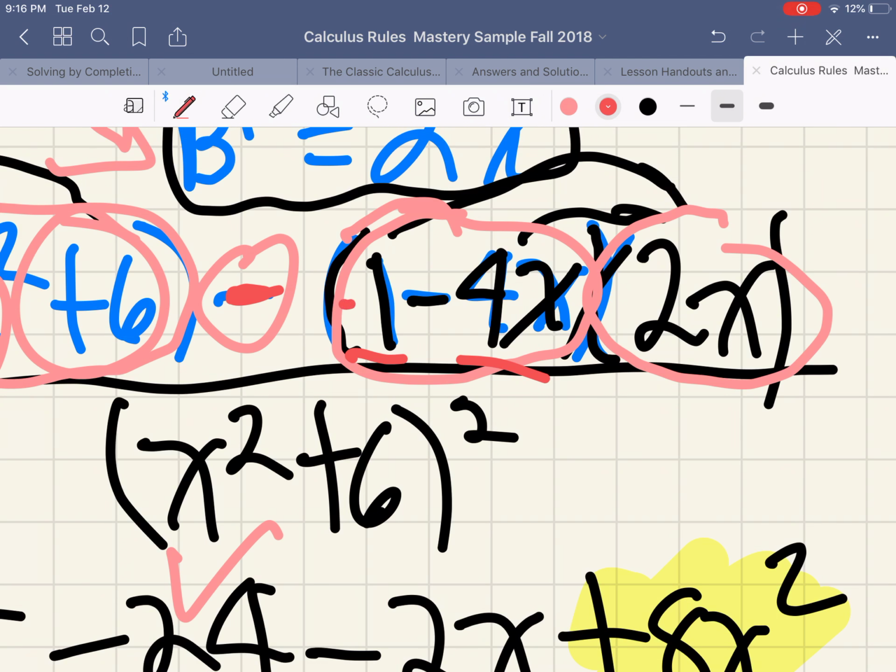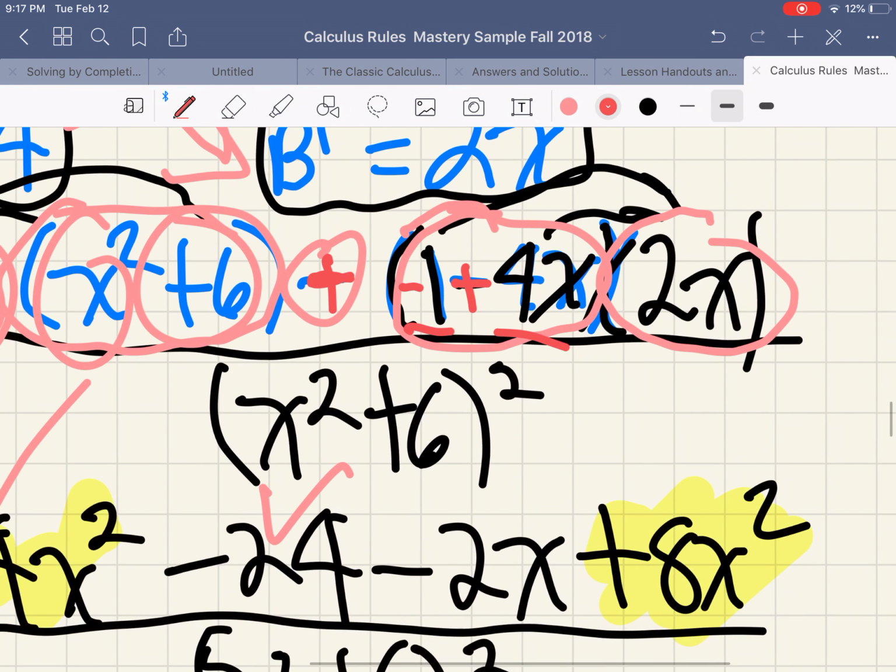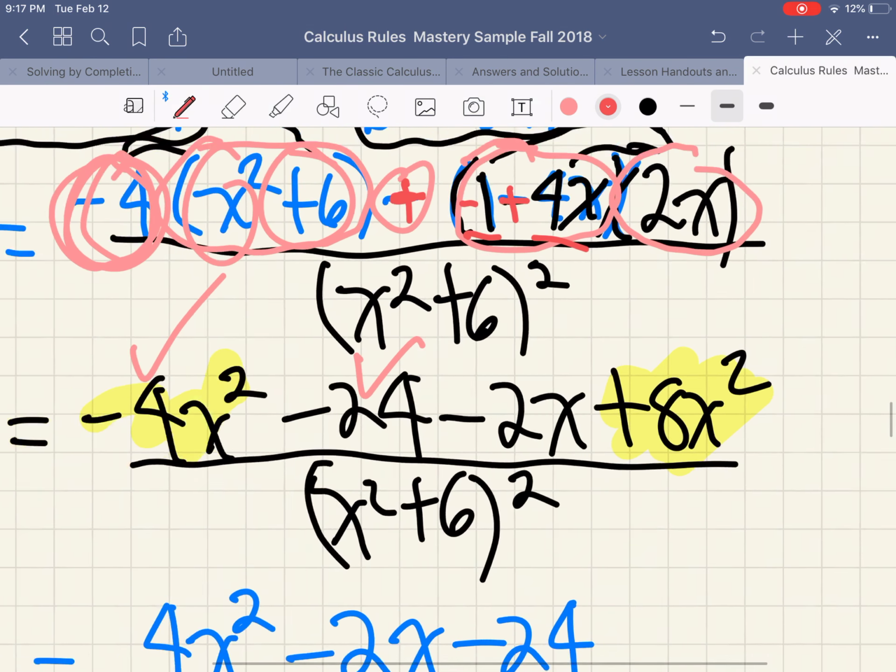So this positive one becomes negative, and that becomes a positive. Okay, folks? So that's the process there. So just switch the signs inside your first factor, and only your first factor. It doesn't change both. It just changes the first factor. Okay, so then we can multiply through now.